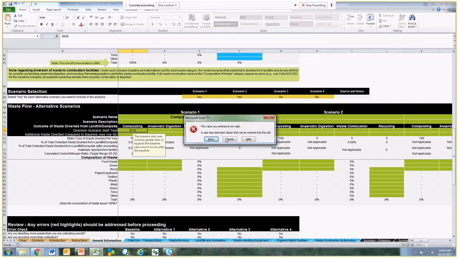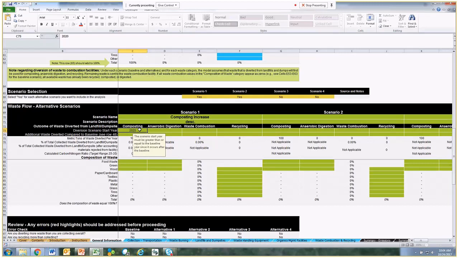Whoops, sorry. We're doing 2020 still, and we're going to divert an additional 100 metric tons per year. So now we're diverting 200 metric tons. We're still doing 95% food waste, 0 green, and 5% wood. And that's how you would analyze the alternative scenario.